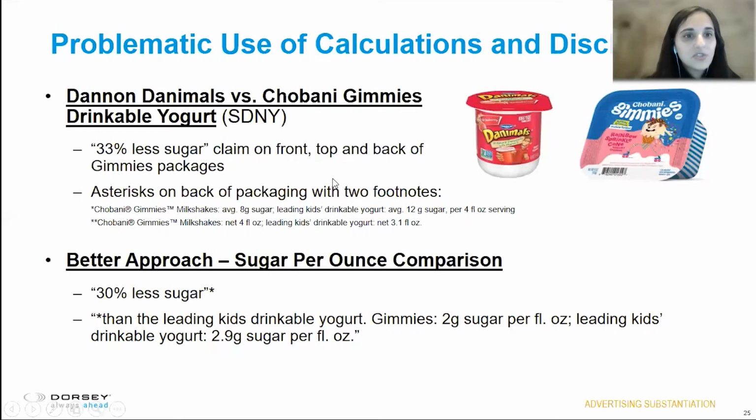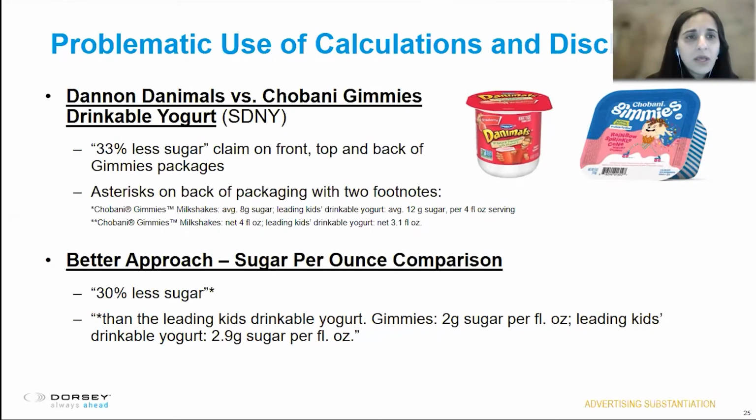No worries. So we're going to go over this one kind of quickly. Another problematic use of calculations and disclaimers. Here, talking about kids' yogurts, the claim was made 33% less sugar on the top, front, and back of the product, but only on the back did it have some asterisks and some footnotes.